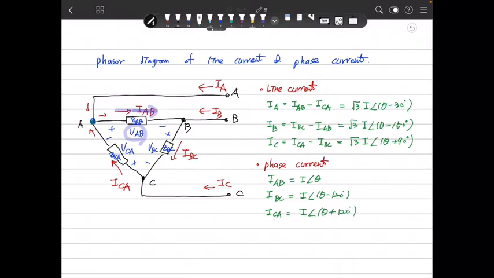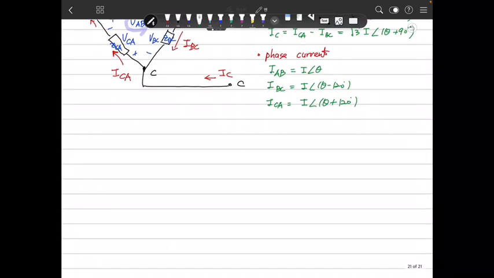Then if we let theta be 0, the phase diagram is simple. We define this as IAB, then IBC.